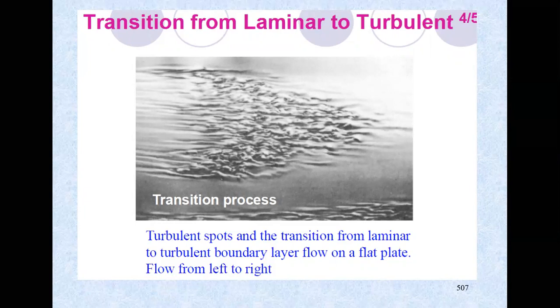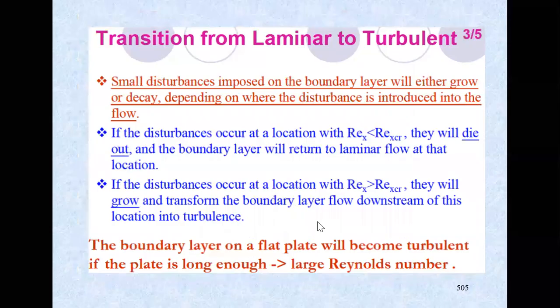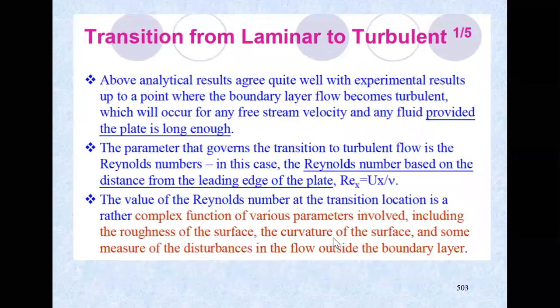Even if you start at a very low Reynolds number, for example because the velocity is small and the viscosity is high, you start with laminar flow, but eventually when you have a bigger x, you're going to have turbulent flow, just because of the increase of the distance from the leading edge.